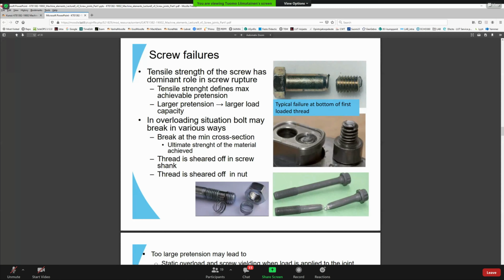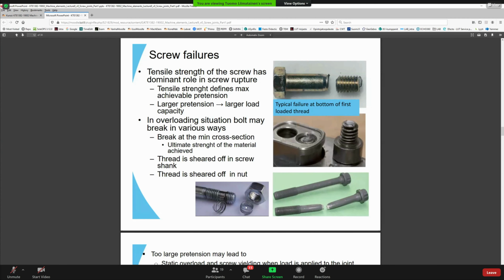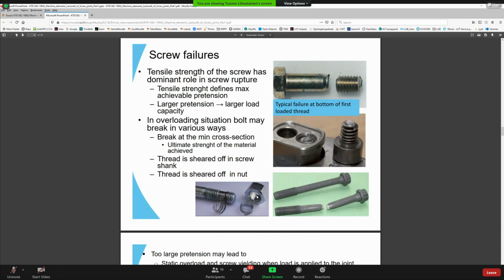Whereas if the bolt breaks like here, you can try removing it and setting a new component instead. And the same applies, for example, if you have a joint with a nut. When the joint breaks so that the thread is sheared off from the nut, but the bolt would be quite okay, you just replace the nut and that's it. Quite easy.